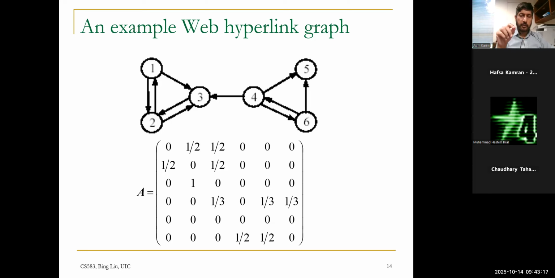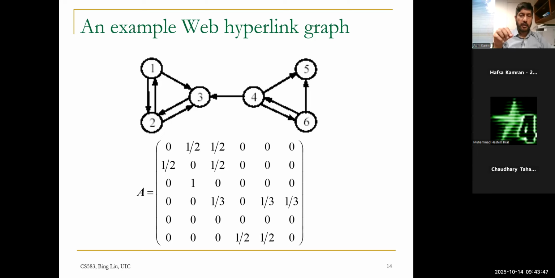So in this graph, that condition is not actually satisfied. For example, 5 does not have any outlinks, so from 5 you cannot go to any other page. And even if you add outlinks from 5 to every other page, there is another problem. For example, you cannot reach 4 from 3, and you cannot go from 1 to 4. So the strongly connected condition is also not satisfied.